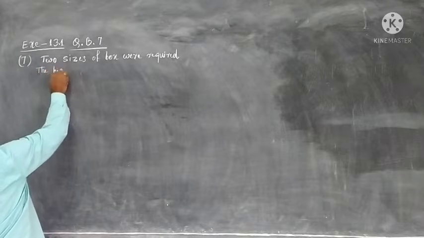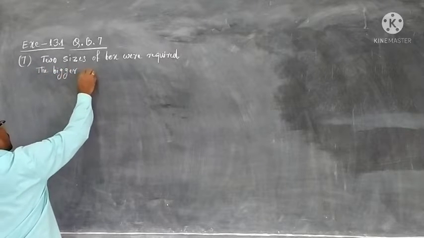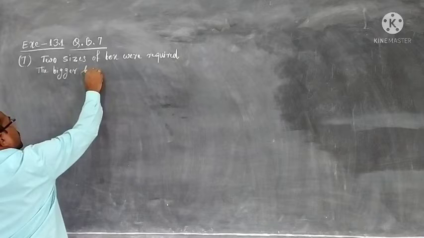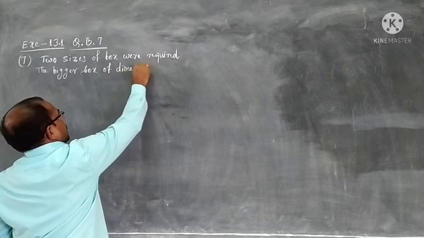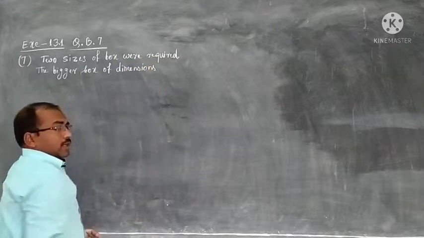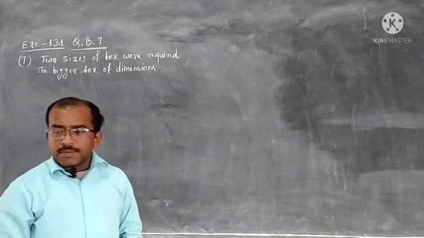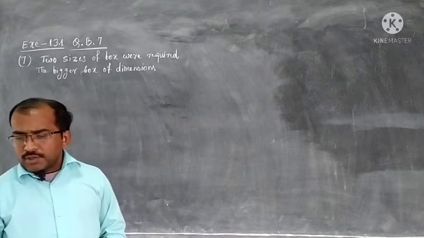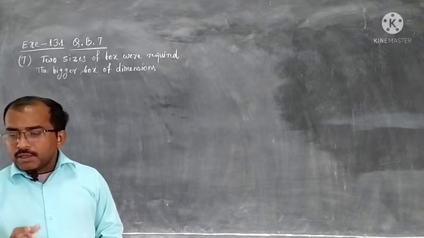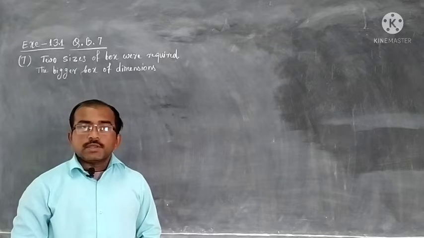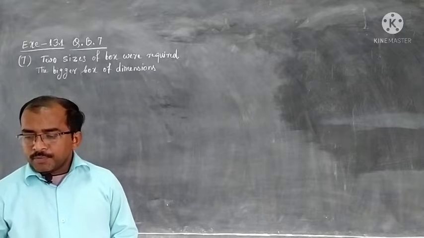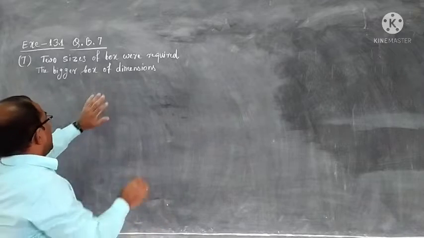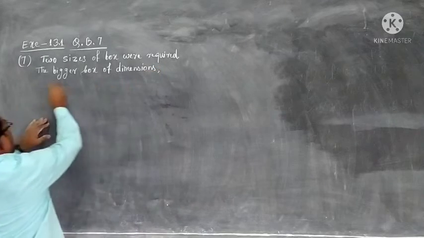The dimensions are 25 centimeter into 20 centimeter into 5 centimeter, and the smaller box has dimensions 15 centimeter into 12 centimeter into 5 centimeter. So, let us see the dimensions of the bigger one.